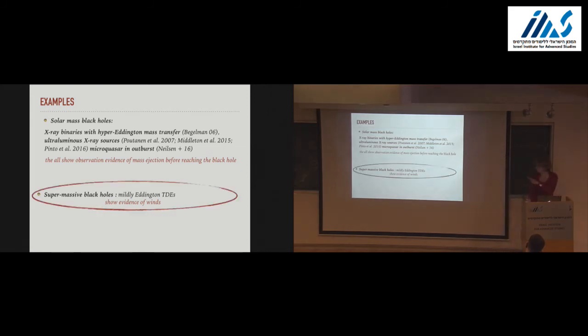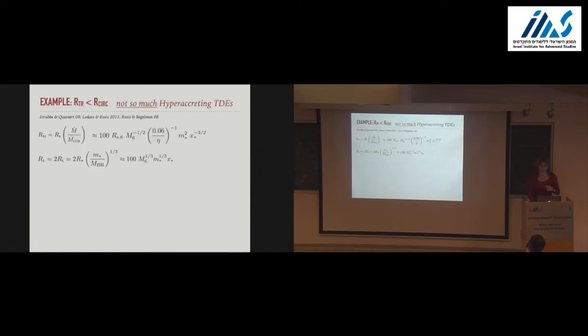Okay, and let me talk a little bit about TDs in this regime. So the trapping radius is 100 Schwarzschild radii for a black hole of 10 to the 6 solar masses, and I take this efficiency.